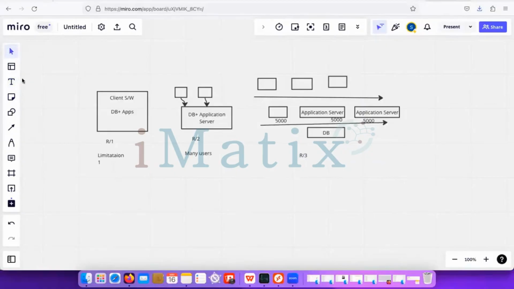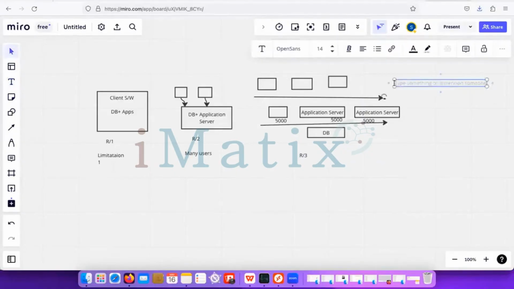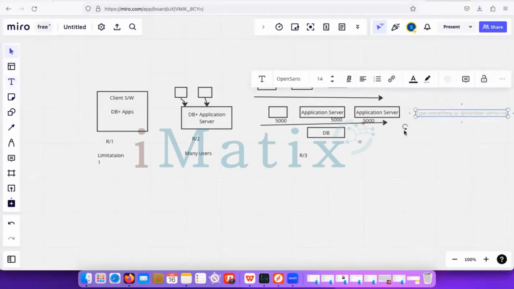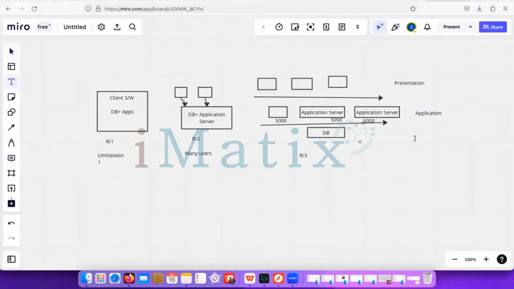R3 architecture, 3-tier architecture. In 3-tier architecture, we have the presentation layer. What does R stand for? R stands for real-time architecture. Presentation layer, application layer, and the database layer.